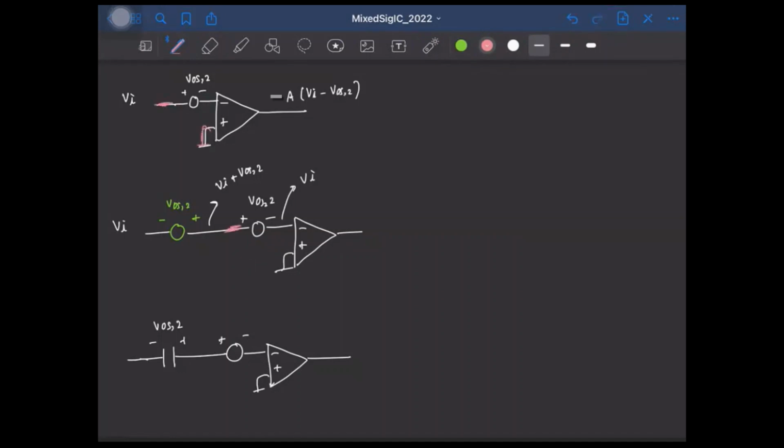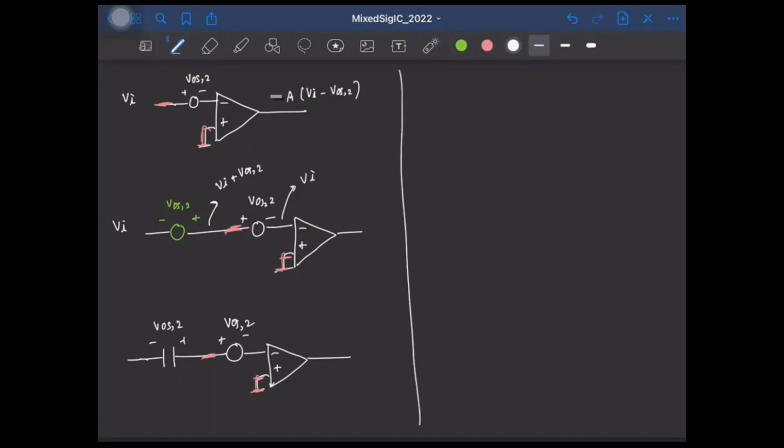And that's why we can't provide the input directly, right? I mean, hopefully that is obvious. So now the question is how to charge this capacitor to this offset voltage VOS2.